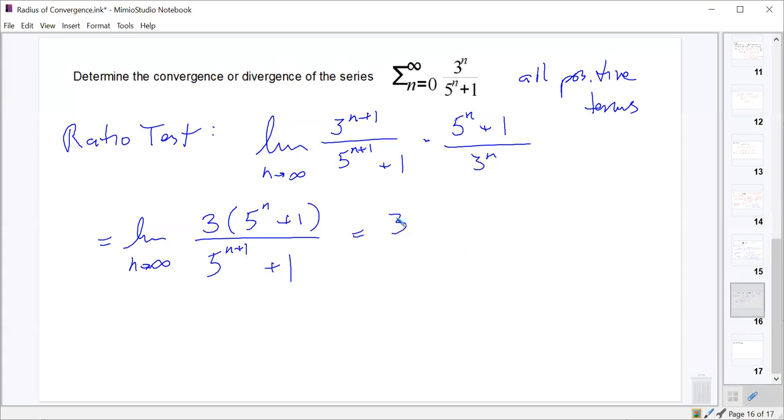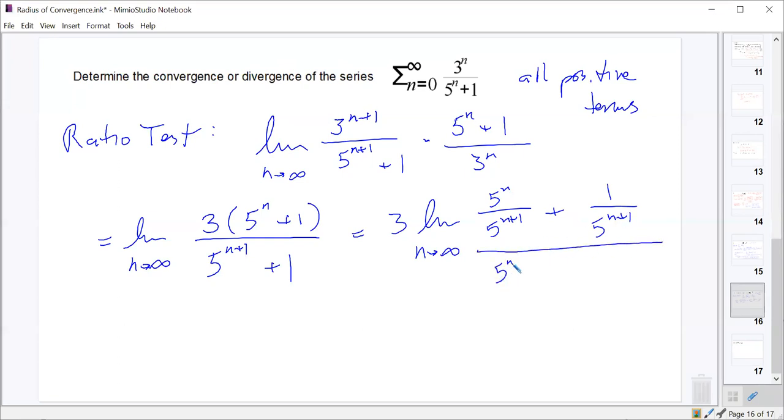I could divide everything by the highest power, right? Isn't that something that we've done with limits in the past? Divide everything by the highest power. So I'm going to take the constant of 3 out. If I take 5 to the n, I'll divide that by 5 to the n plus 1 over 5 to the n plus 1.